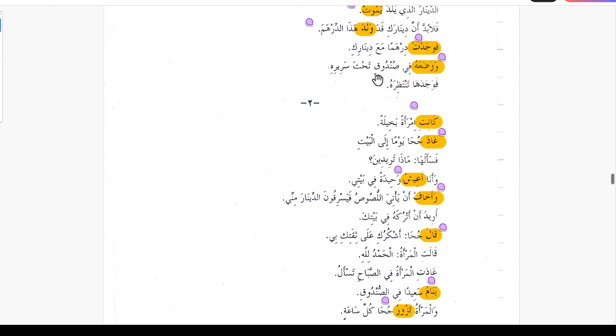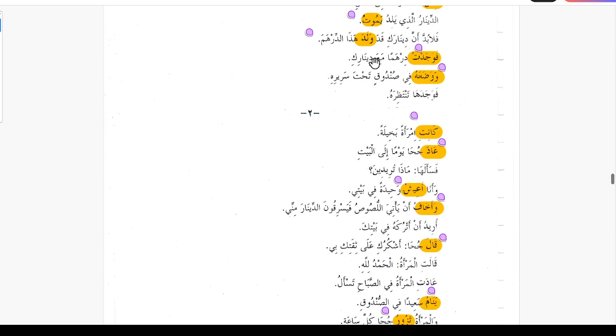Wawadahu fi sundukin takhta saririhi. Here is another verb, wada'a yada'u. These three root letters, waw, dal and ayn, are for this verb, meaning to put. He put it in the box under his bed.